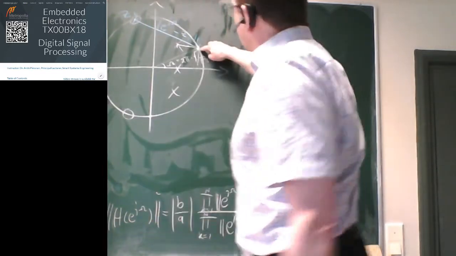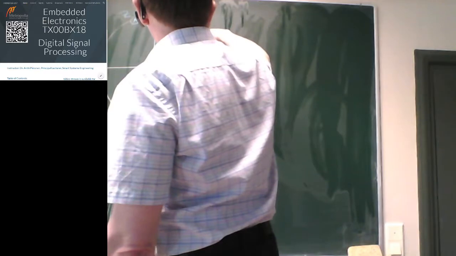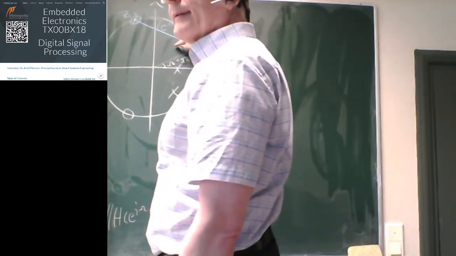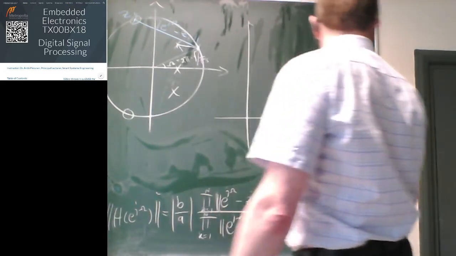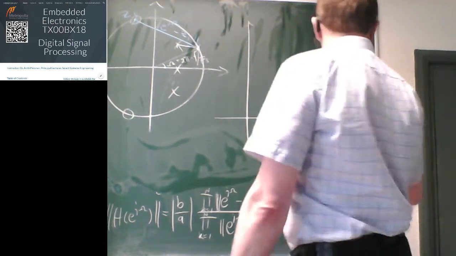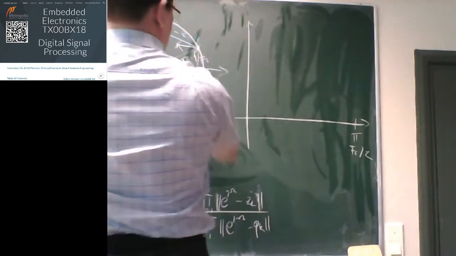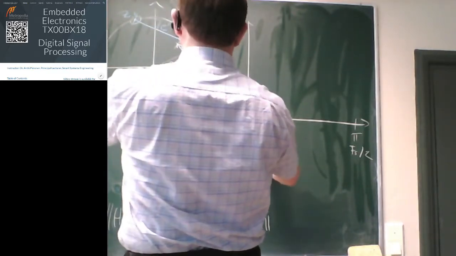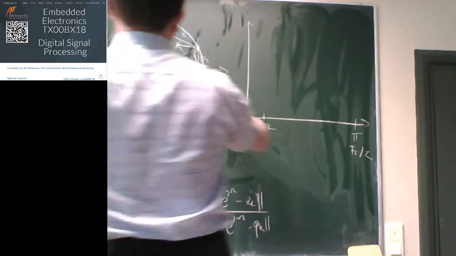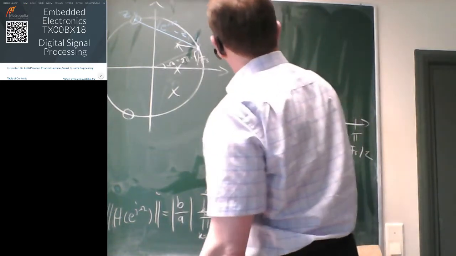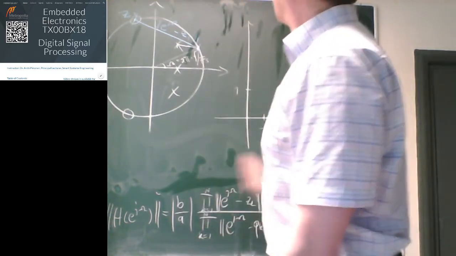And if you start to look at it, the ratio of this distance to that one is quite high. So at this angle, our current omega, or somewhere here, let's put here, for example, 1.